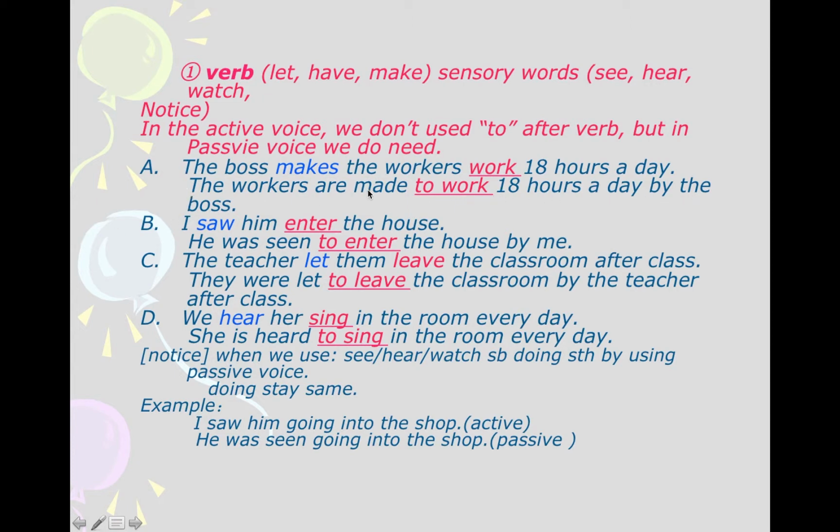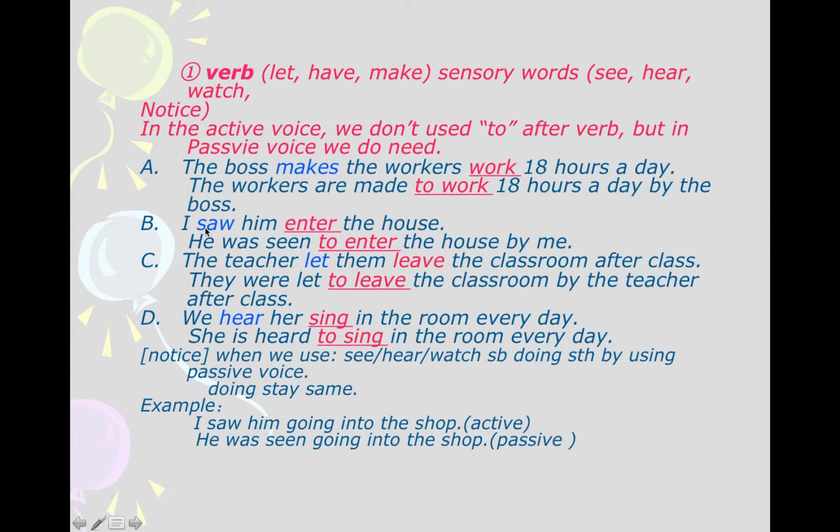If we don't have this "to", it will be like this: the workers are made work 18 hours a day by the boss. This doesn't make any sense. So we need a "to" after the verb, like made or anything, we have to have a "to" here.